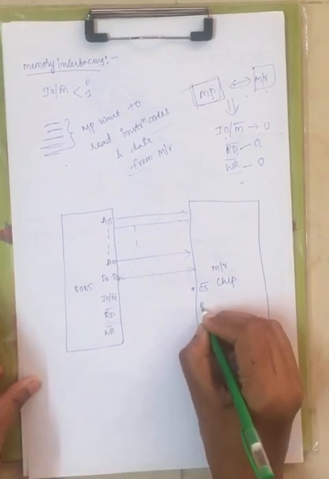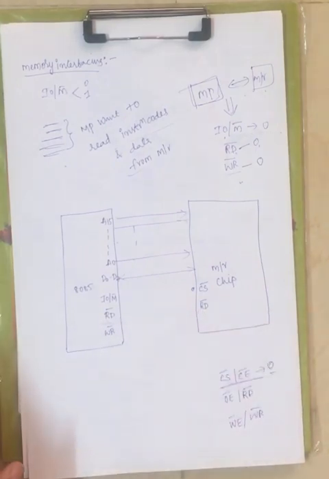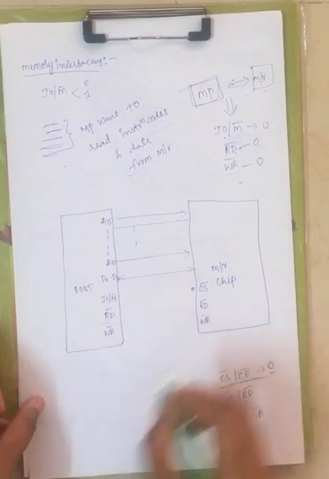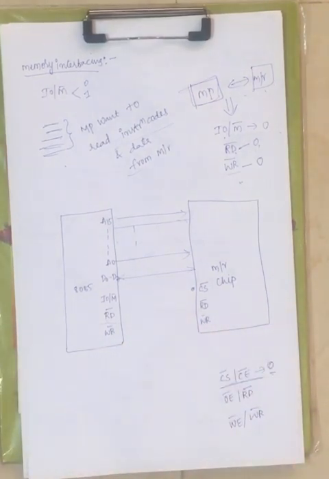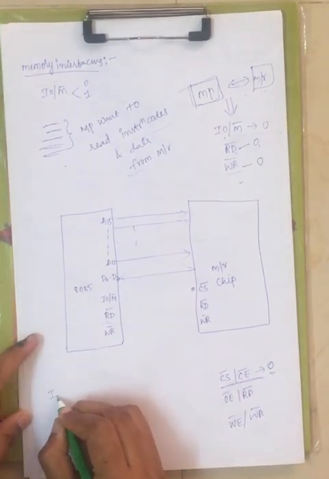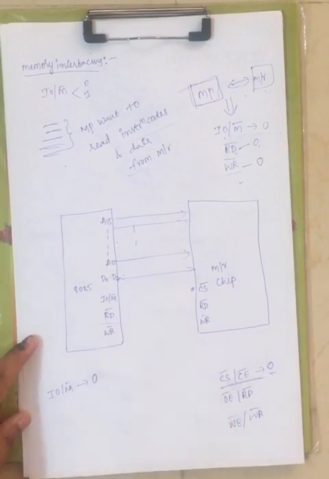Next we have the read signal. You can't connect the read signal directly to read, and similarly you can't connect the write signal directly to write. There is some process. IO/memory bar should always be logic 0, because it is memory interfacing, nothing but a memory operation.